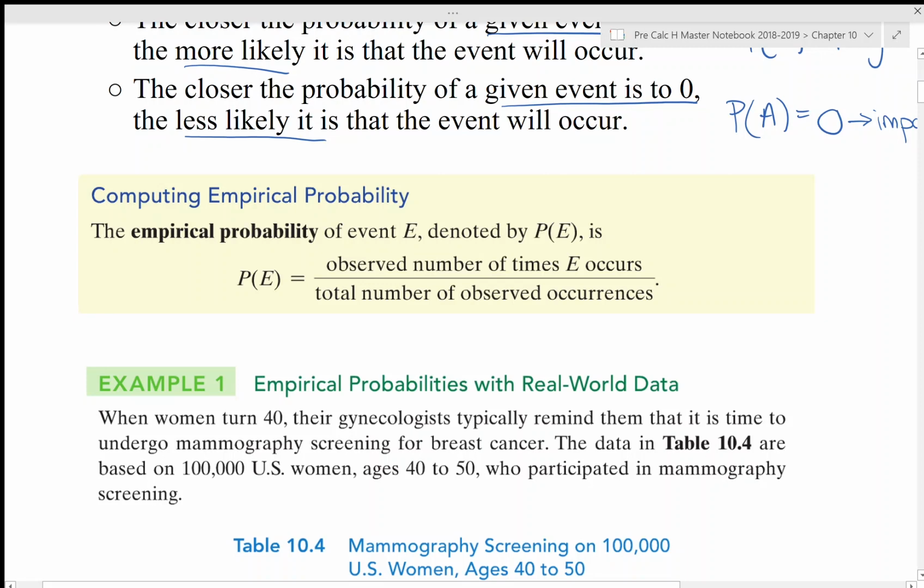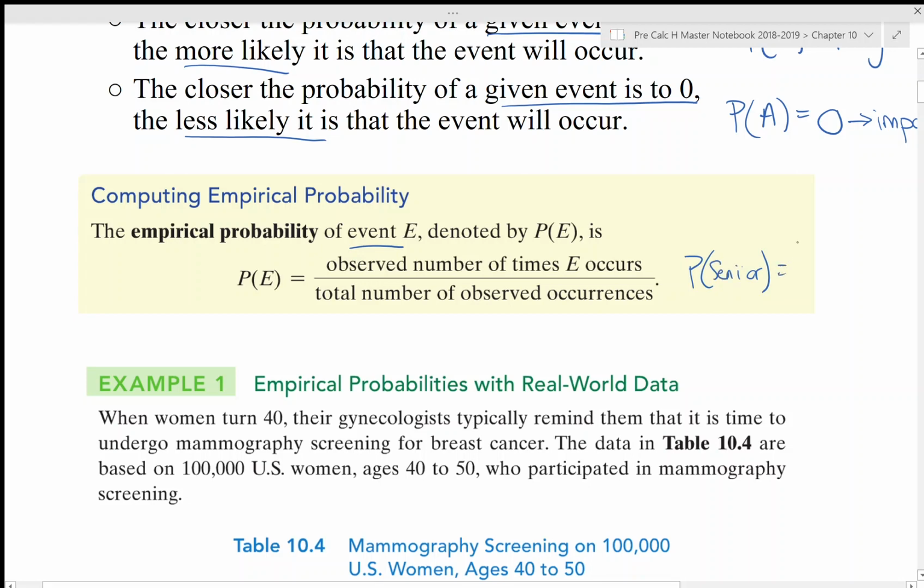Now, computing empirical probability. This is your most basic one, and you're basically going to see the number of outcomes that fit this event. So if you're trying to find the probability of someone being a senior on campus, you're going to figure out how many seniors there are on campus. So the probability of being a senior, you could write S for senior, or you could just write out the word senior.